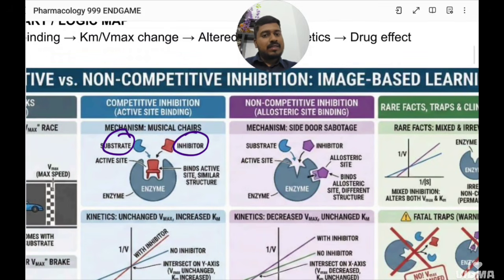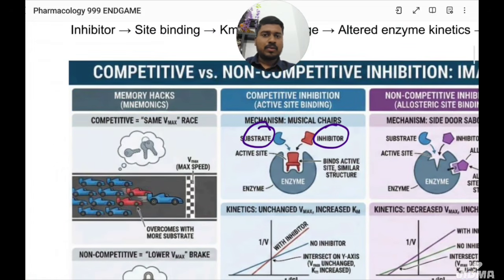But if an inhibitor binds at a different, allosteric site, it changes the shape of the active site. That is known as non-competitive. This basic concept everyone knows.